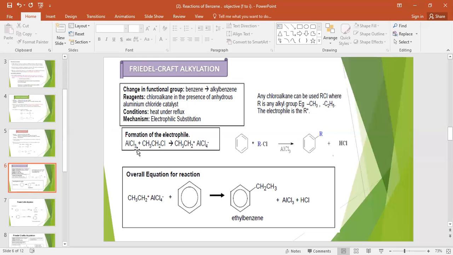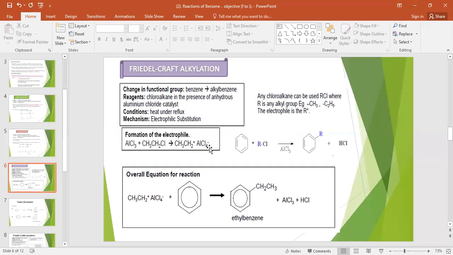So when aluminum trichloride, AlCl3, reacts with a chloroalkane, here we are going to use ethane, so the name is chloroethane because we have two carbons. When the catalyst combines with this reagent, they produce the electrophile CH3CH2 positive. Then the Cl is removed from here and attaches to AlCl3.